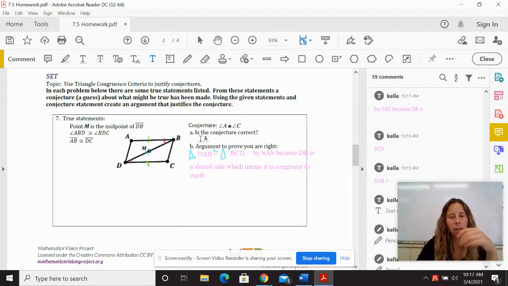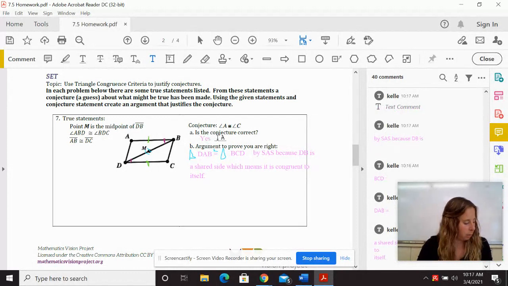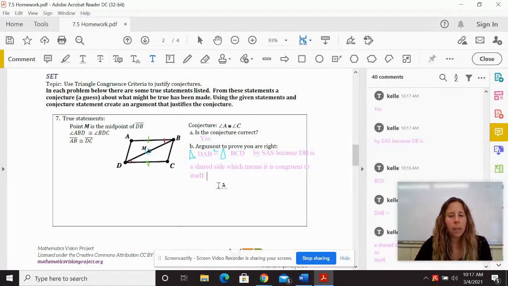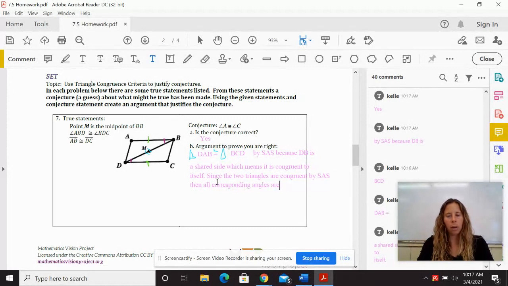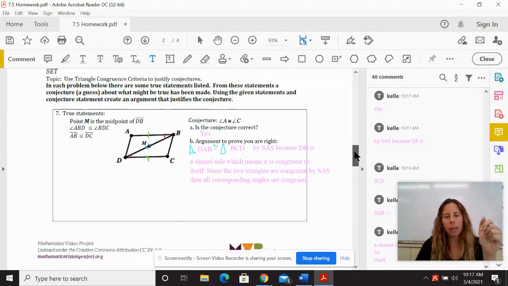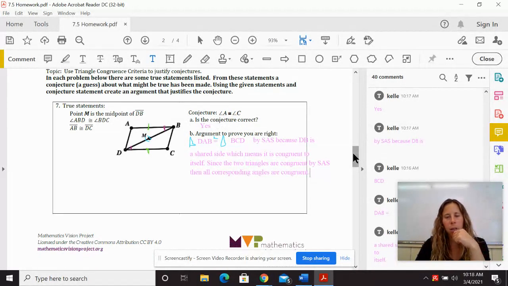Yes. Since the two triangles are congruent by side angle side, then all corresponding angles are congruent. Something like that. So you're proving that the triangles are congruent, and then that's why the conjecture is correct.